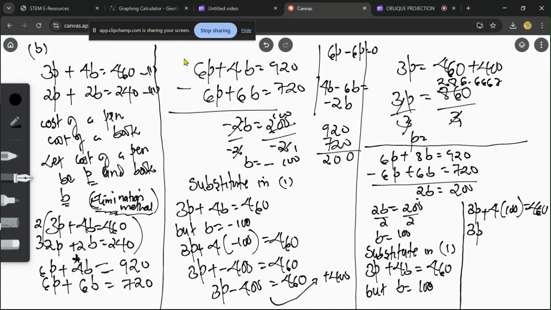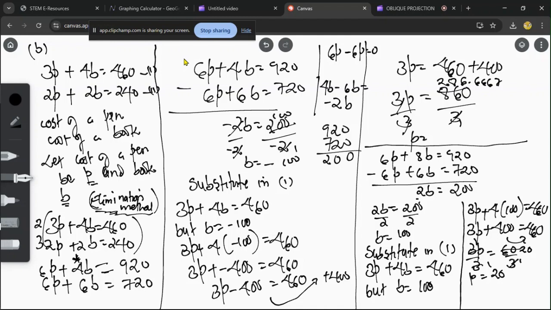So I'll have 3p plus 400 is equals to 460. Then 3p is equals to, I take this one to the other side, it will become subtraction. So 460 minus 400, it will give me 60. So I divide by 3, p will be 60 divided by 3, so this one is 20. Good. Sorry for that correction.